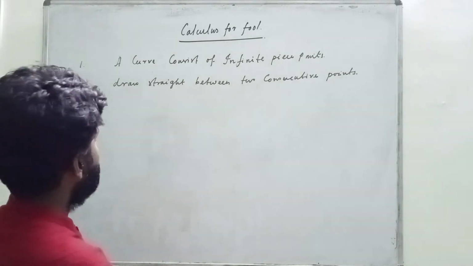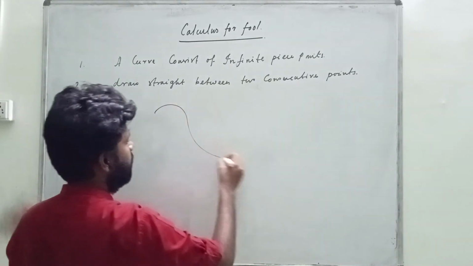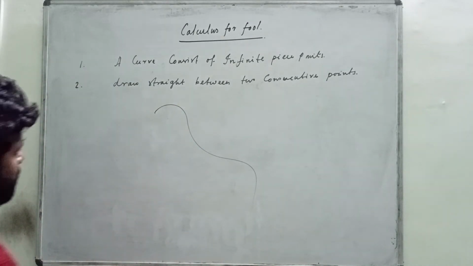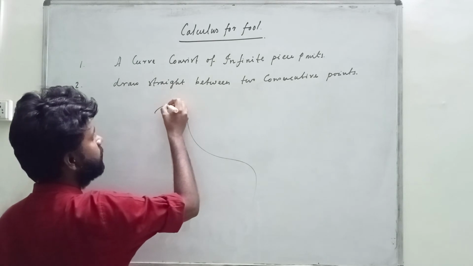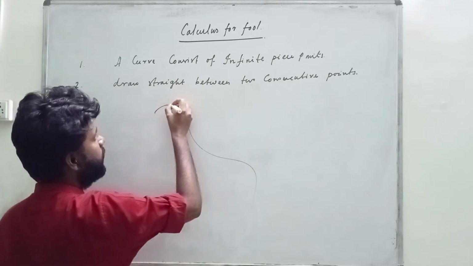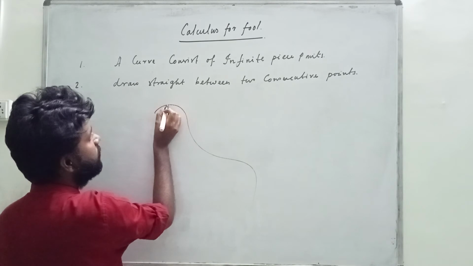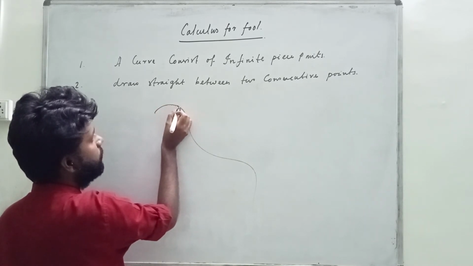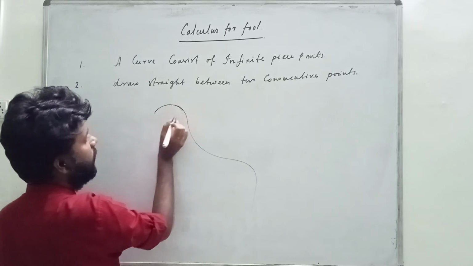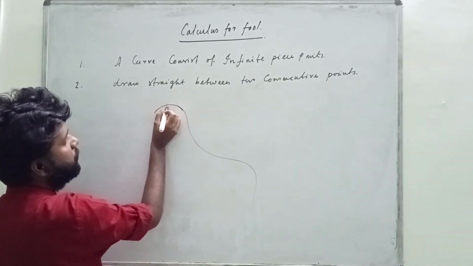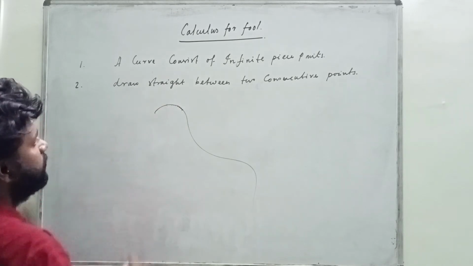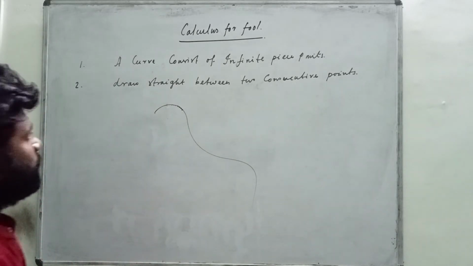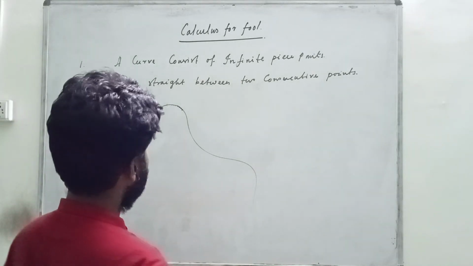So if there is a curve, that is infinite points, and if you connect the two consecutive points with a straight line, you will get the curve itself. And in between the two consecutive points, there is a straight line here, right? Okay, these are very crucial findings, right?